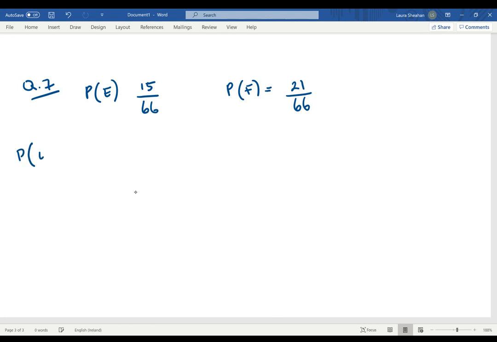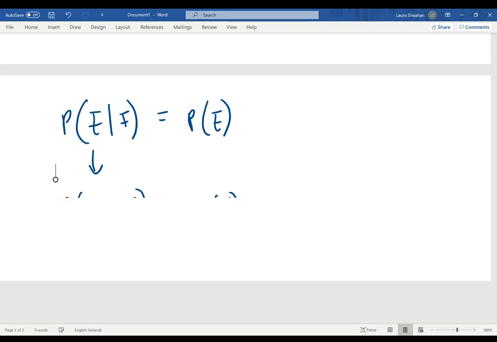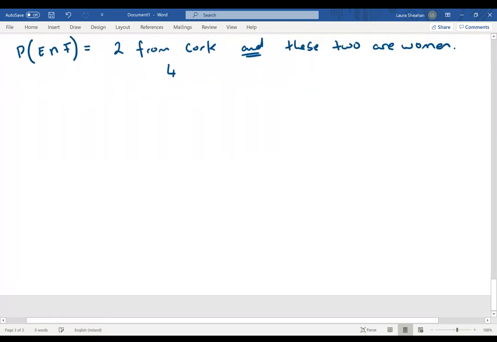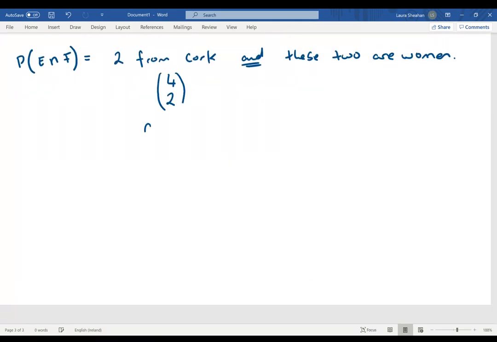Then the probability of E intersection F means that there are 2 from Cork and these 2 are women, because they have to be both from Cork and women. There are 4 women from Cork, and I need to only choose 2 of them. So 4 choose 2, and on your calculator, 4 choose 2 is 6. Written as a probability, it's 6 over 66.